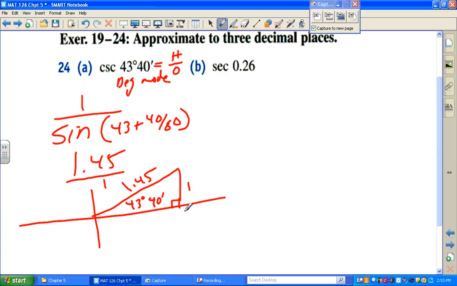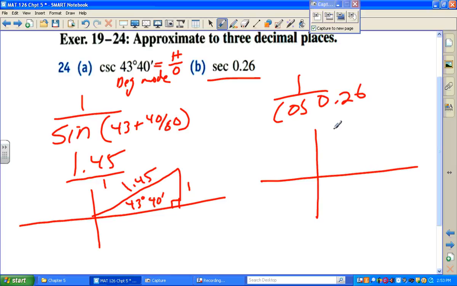All right, Perkins. Secant 0.26. Secant is 1 over cosine. So, yeah, switching back to radians. Everybody should do that. What'd you get for this one? 1.03.